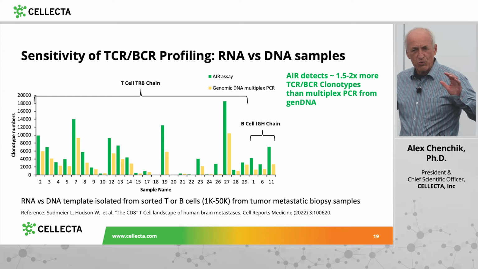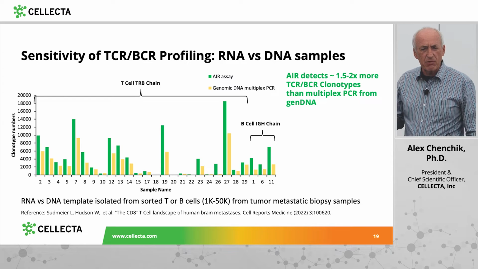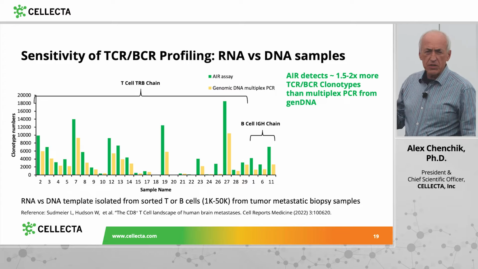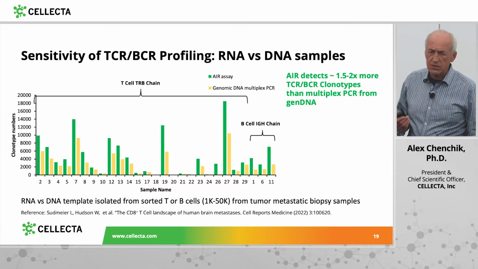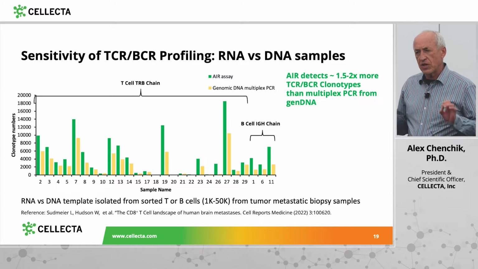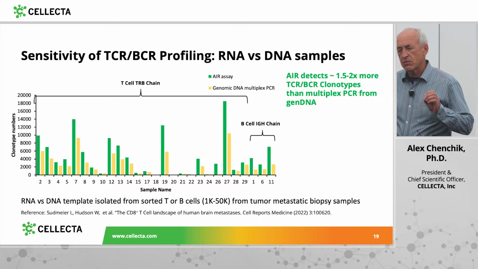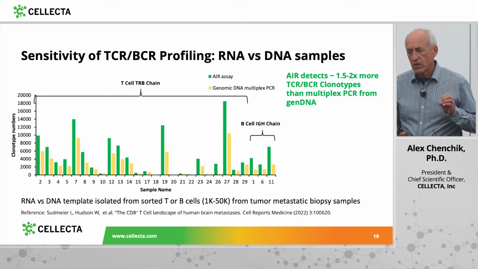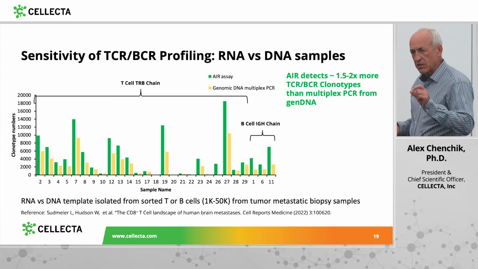And not to talk only about technology, I will give you one example, and it's a result of our collaboration with Professor Wilson Hudson from Emory University. This scientist tried to identify T cells and B cells which are activated in metastatic tumor samples in brain lesions.